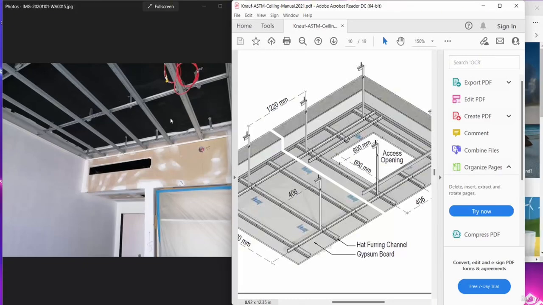The distance between these two consecutive furring channels is 400 mm. And the distance between this and this, called the C angle or main angle, is 1000 mm, meaning 1 meter.